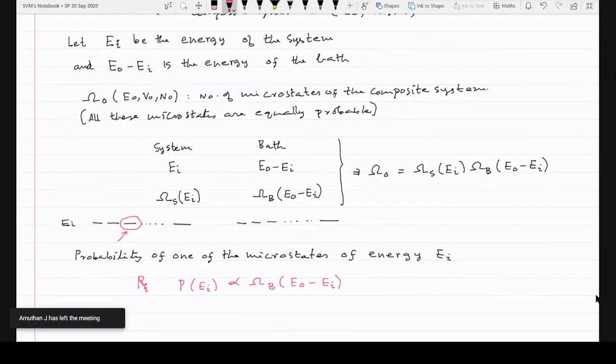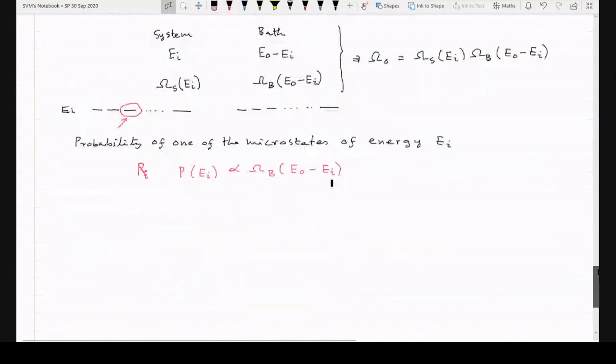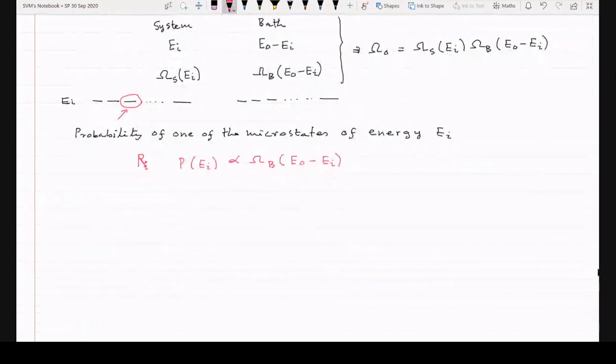So how many different microstates of the bath are supporting the microstate of a given system with the energy EI is what is going to determine the probability of that microstate. Now, as I told you earlier, the system is much smaller, or the bath is much larger compared to the system. In general, this EI can be very small compared to E0.